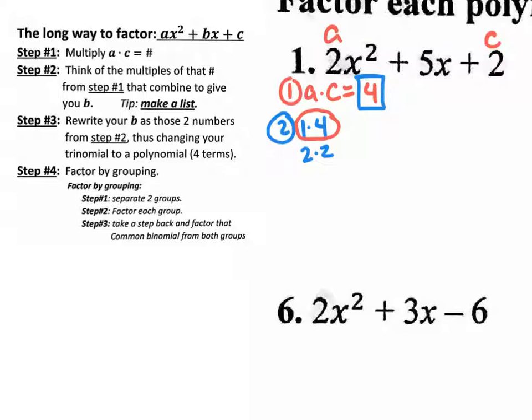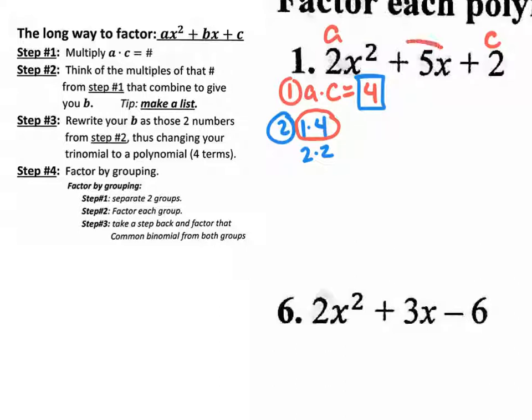Now, we move on to step 3, which gets a little weird. It says rewrite your b value, which is the 5, as those two numbers from step 2. So you're going to rewrite it as 1 and 4. In other words, 5x is really going to be rewritten as 1 plus 4. So check this out.